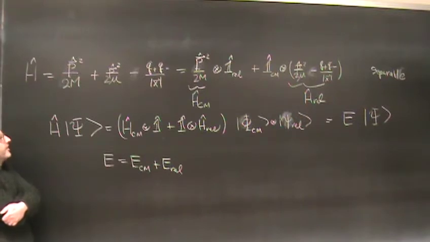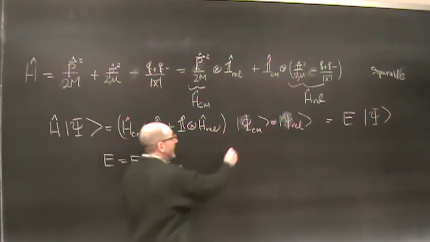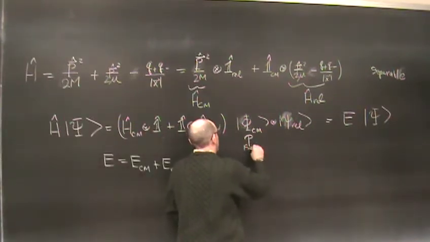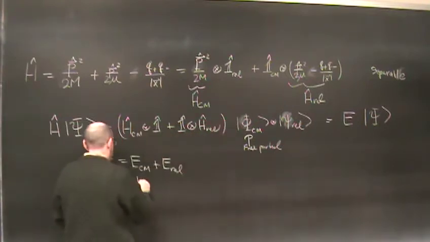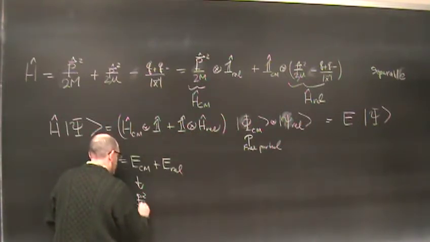So the energy of the center of mass, what are its eigenstates? Just the free particles, right? So these are free particle eigenstates, and these energies are just p squared over 2m, the center of mass momentum.